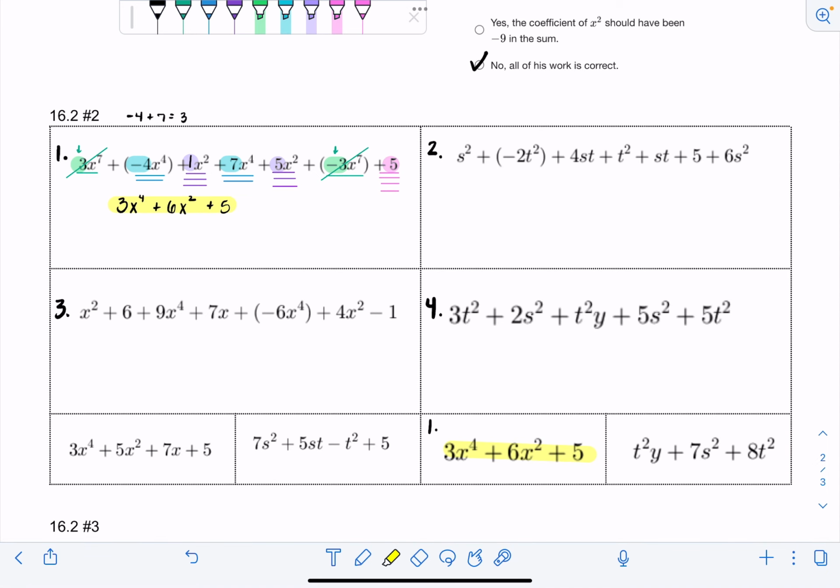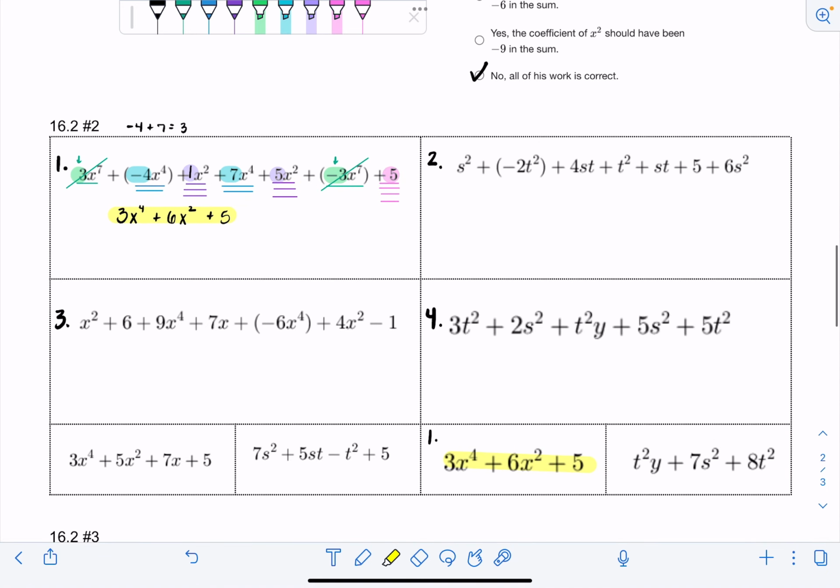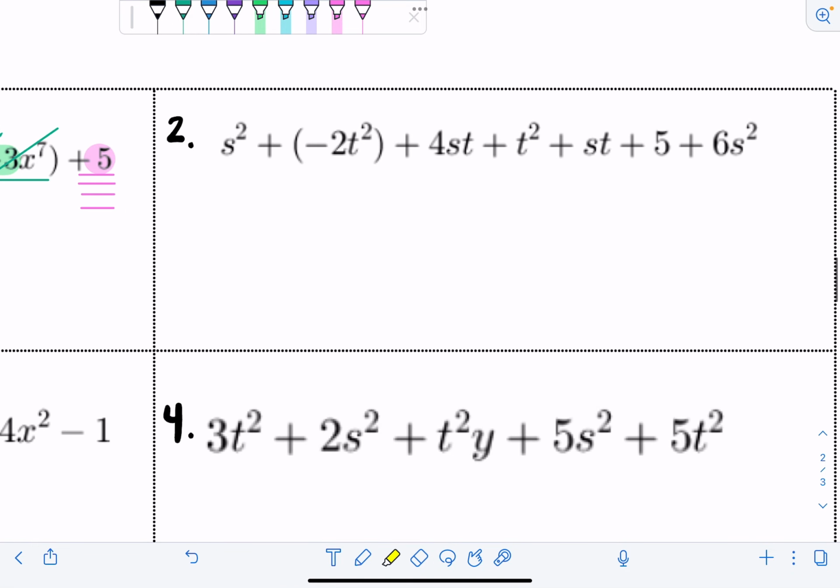Okay, so number 2. Same concept. We're going to go through and find the like terms. They have the same variable and the same power. So I have, let's see, an s squared at the very front, and then I have a 6s squared at the back, and then I have a negative 2t squared and just a 1t squared right here.